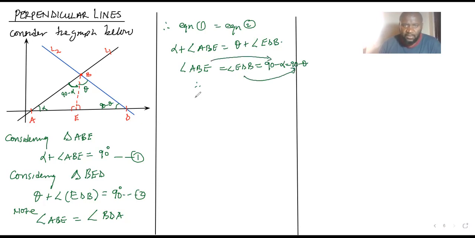If both of them are equal, then it means 90 minus alpha is equal to 90 minus theta. And therefore, theta is equal to what? Alpha.